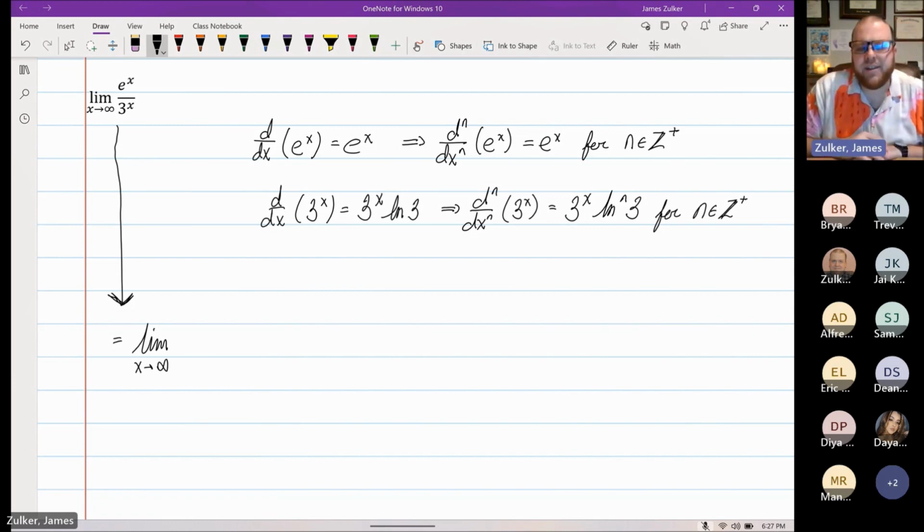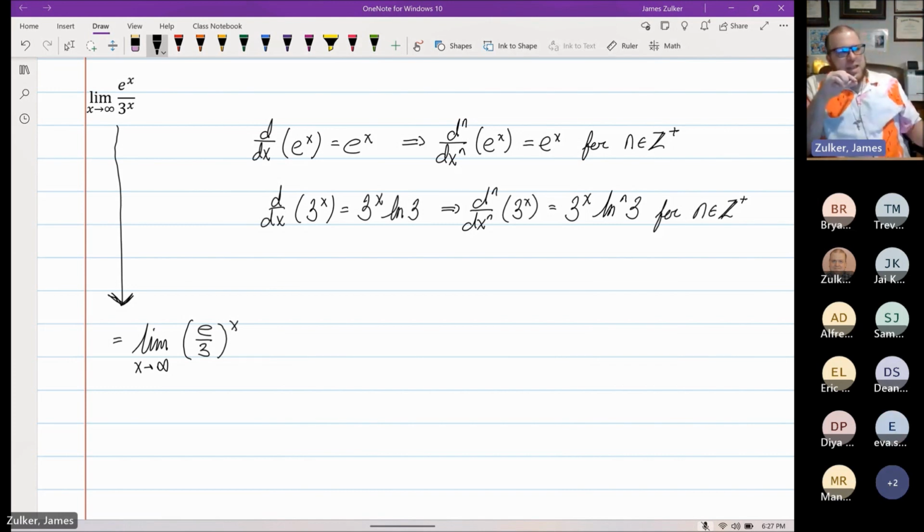But what if we rewrite it instead? E over 3 all to the x power.